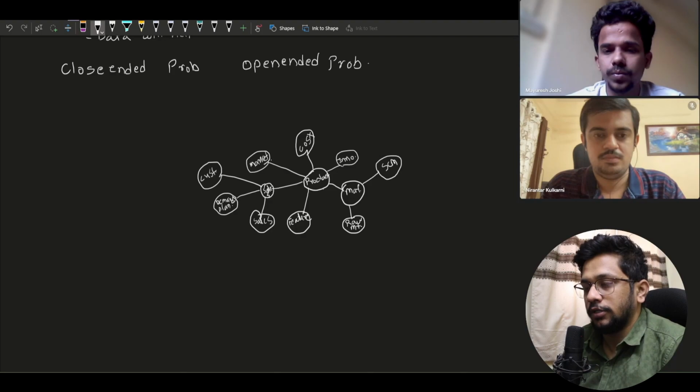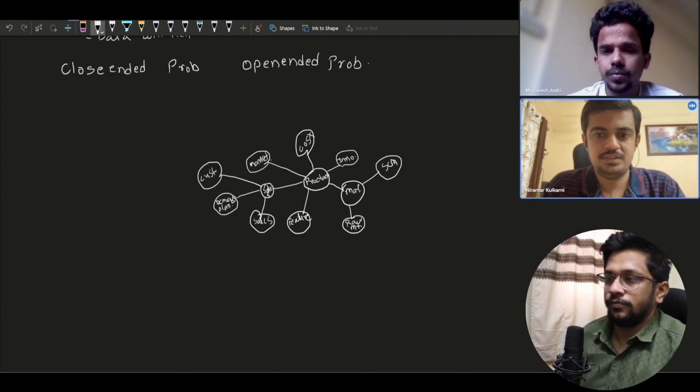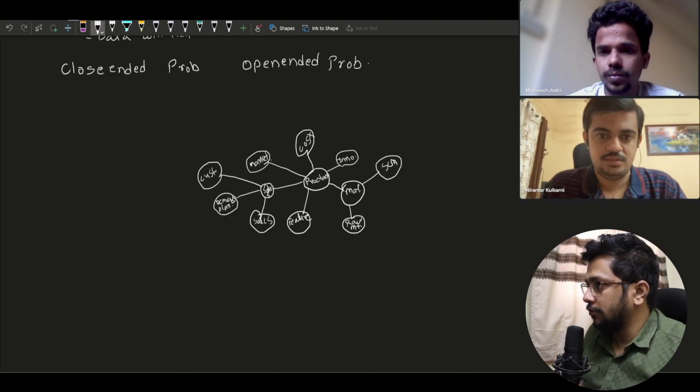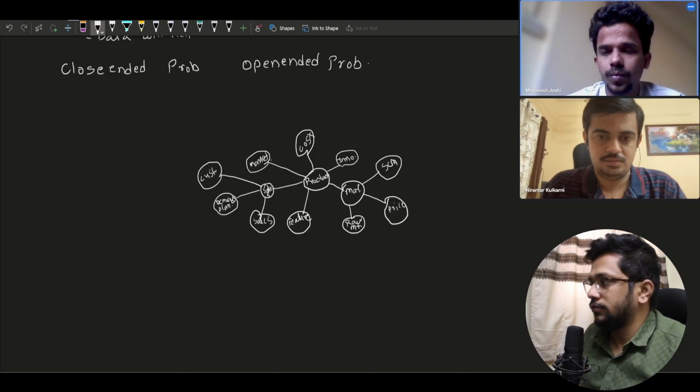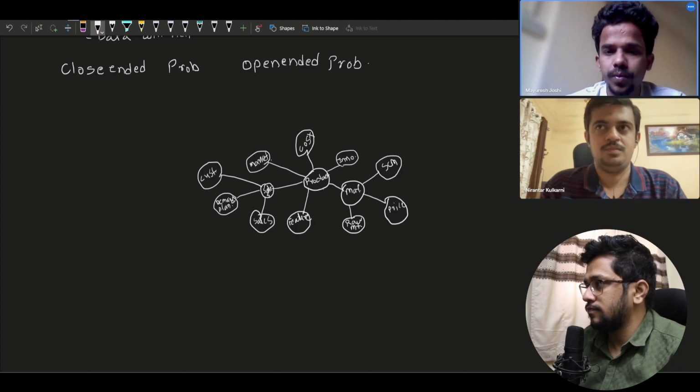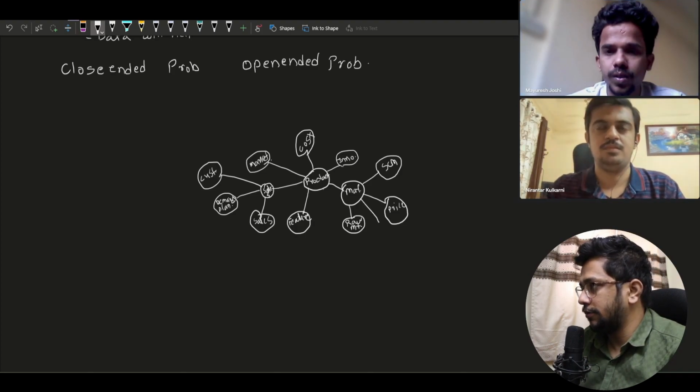Now think about that and then try to figure out one or two points. Price. So that will come under manufacturing only. Quality. Again manufacturing.